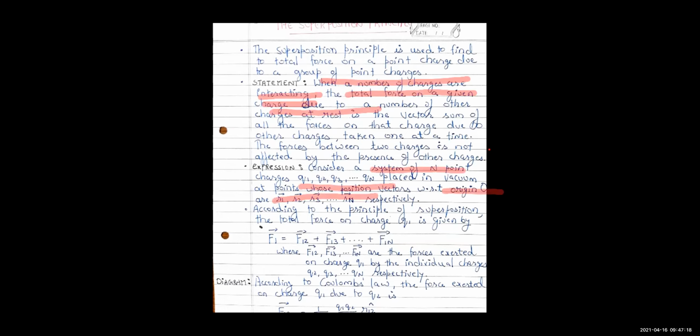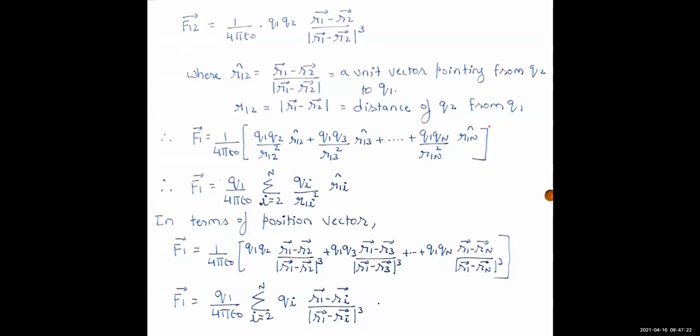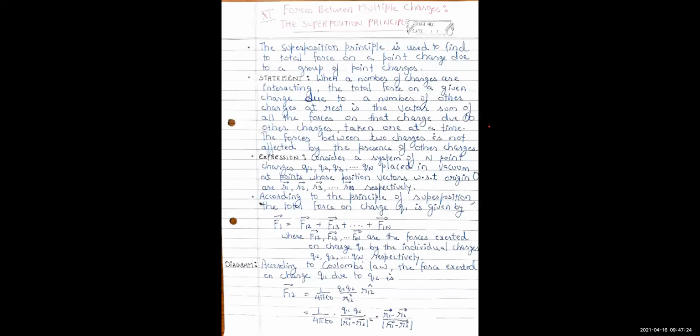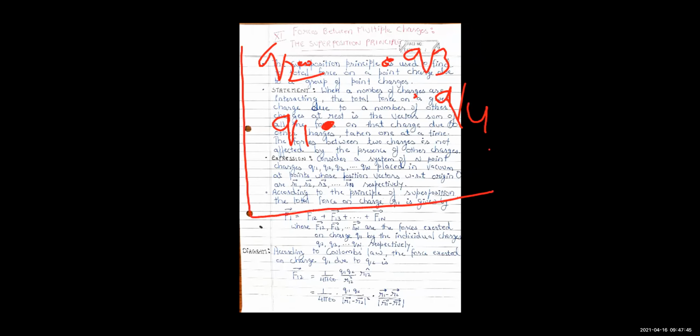Now, let me show you the diagram. Okay, so this is my charge Q1. This is Q2, Q3 and Q4. Right, beta? Now, with respect to the origin, suppose this is my origin.